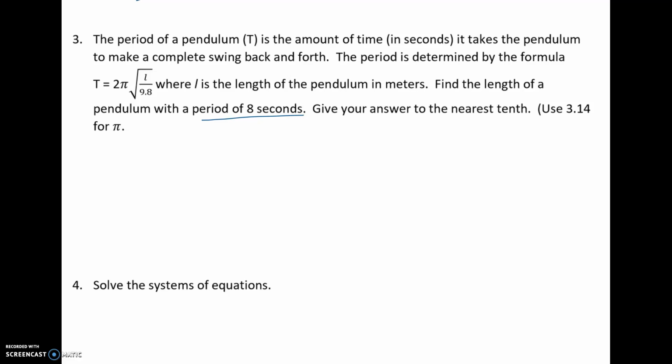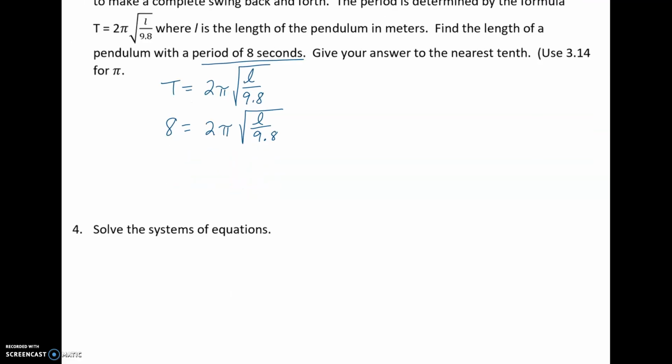So we know our time, so let's write our formula first. That's my fancy L. So time is 8 seconds equals 2 pi times the square root of L divided by 9 8/10. Okay, so we got to get the radical by itself, so I'm going to divide both sides by 2 pi.